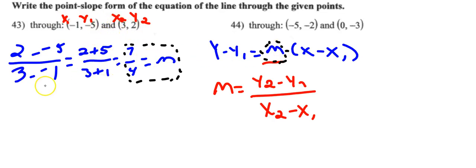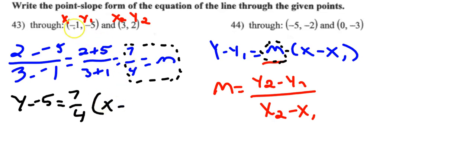So we're going to write the equation y minus y1, so minus negative 5, equals our slope, 7/4, x minus x1. Just make sure if you're using this y value, you also use this x value. Don't jump back and forth between the two. That won't work.